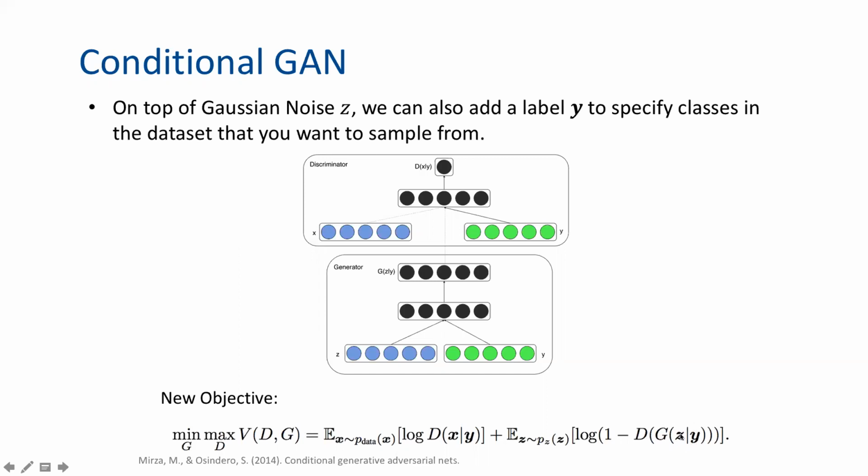So we still have the random vector Z, but we make the generator conditioned on Y. And also the discriminator gets to see what Y is, because it can do a much better job comparing real and synthetic images if it knows what the class is. So the Y is the green dots here.